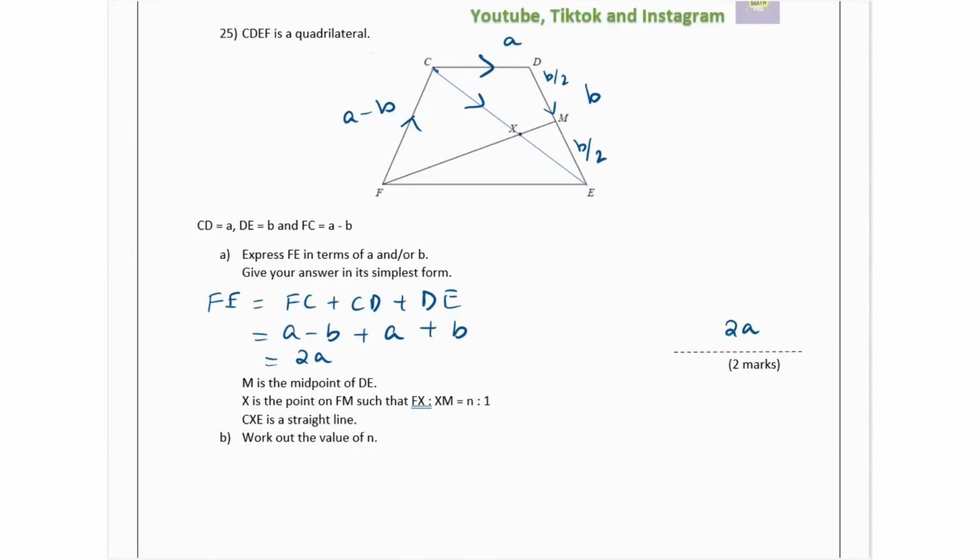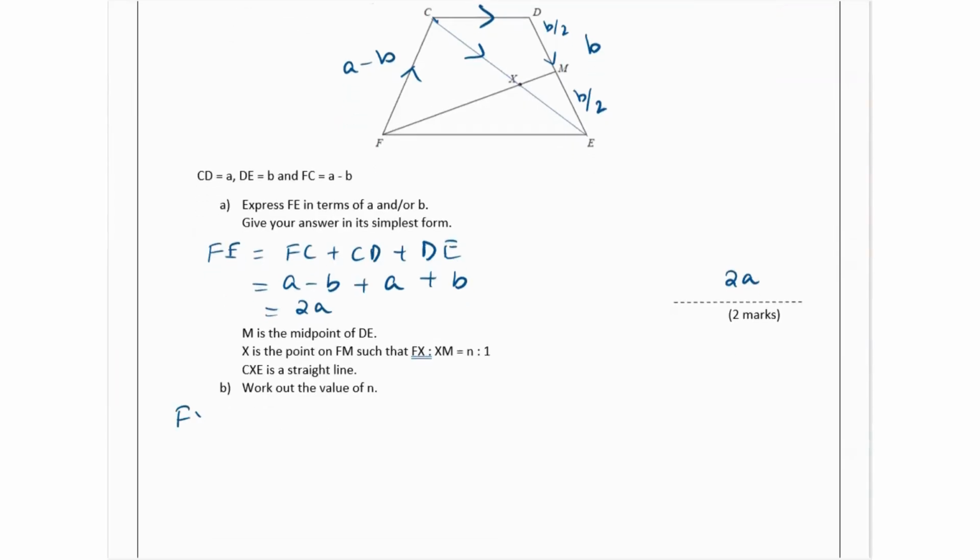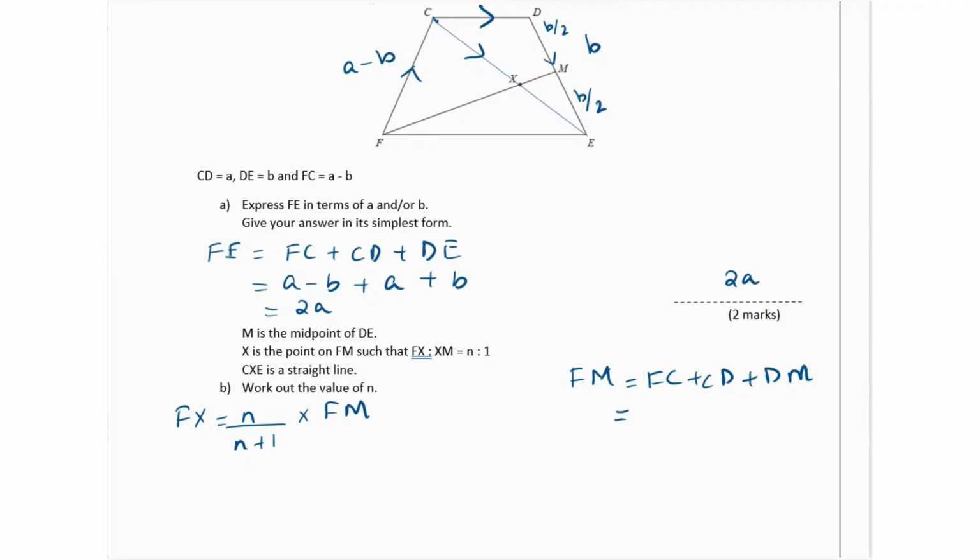We know FX lies on FM. So one equation for FX is going to be n over n plus 1 times FM. So let's find FM first. FM is FC plus CD plus DM. So that's a minus b plus a plus b over 2.